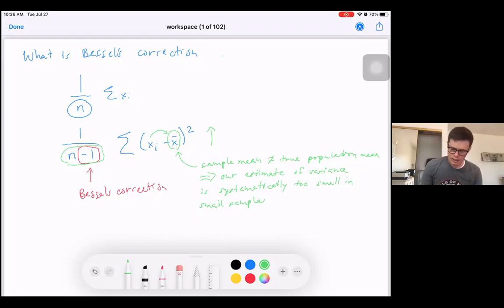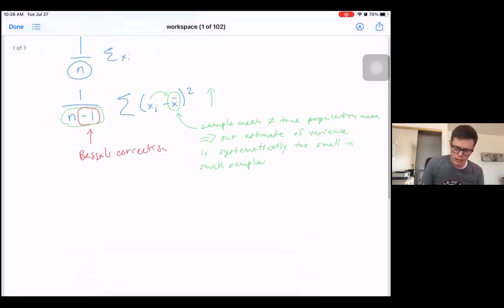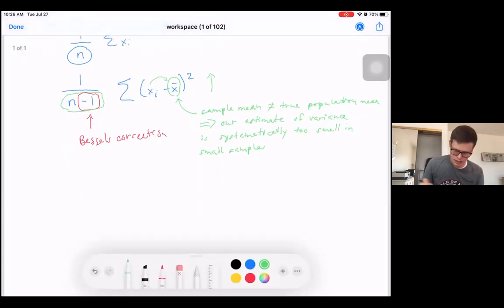The reason that it's not important in a large sample is because, watch this. The normal thing that we have is 1 over n. And what do we know about 1 over n as n gets large? As n gets large, what happens to this number right here?